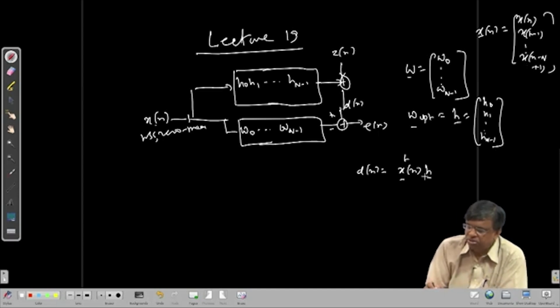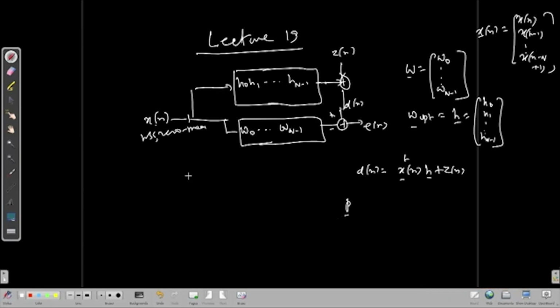This is a convolution output, X transpose H, plus Zn, and we know P, because W opt is R inverse P. R is fixed, but if the system coefficients change, that will affect the output and therefore Dn, and if Dn is affected, P will change.